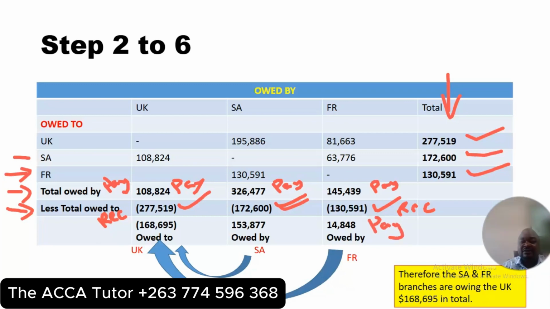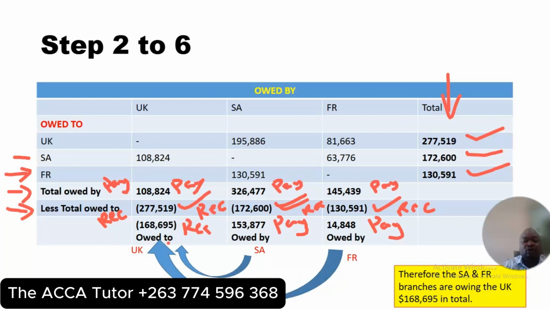isn't it? Good. We come here again to this column. The payable was larger than the receivable, so the ultimate is also a payable. Then we come here, the payable was smaller than the receivable, so the ultimate should be the receivable. This is why we have written owed to.